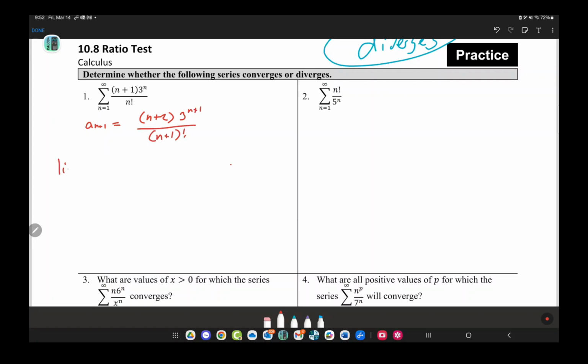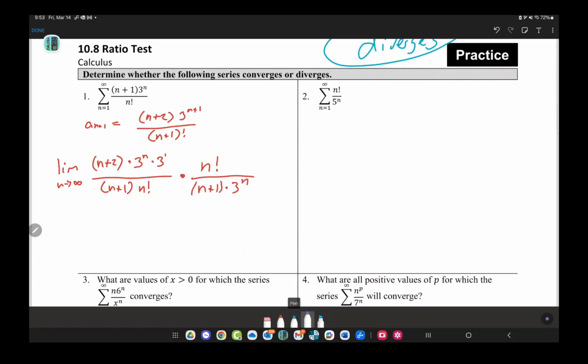So we take the limit as n goes to infinity of n plus 2 times 3 to the n plus 1 over n plus 1 factorial, and I'm going to go ahead and simplify as 3n times 3 times n factorial, times the reciprocal, over n plus 1 times n factorial times 3n.